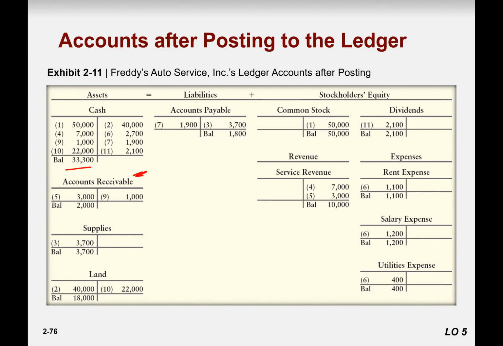So we know that account receivable is, come on, I think let's just open a whiteboard here. So we know that the account receivable 3,000 here on the debit side and 1,000 on the right hand side.